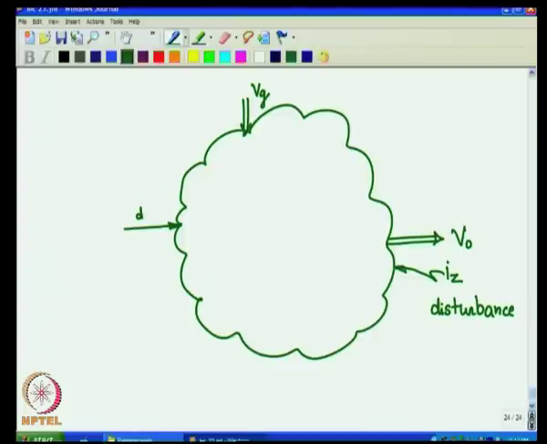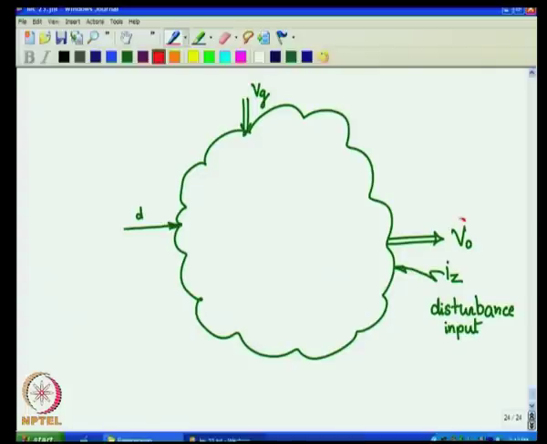The load can change depending upon the application. So, therefore, it is considered as a disturbance input. Vg itself is an input, because the variation in Vg is to be taken into account by varying d, and d indirectly varies Vg to the system.